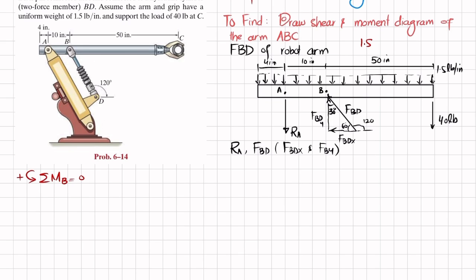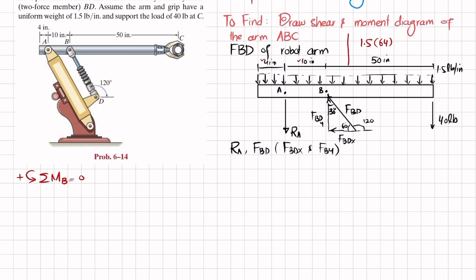So 50 plus 10 plus 4 is 64. So 1.5 into 64. Clear? And this load will act at half of this. The total is 64, so half is 32.